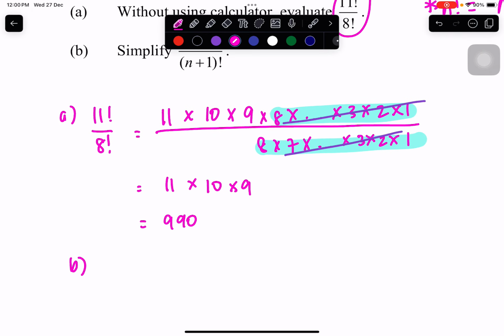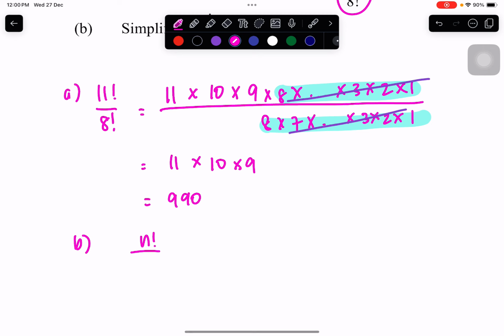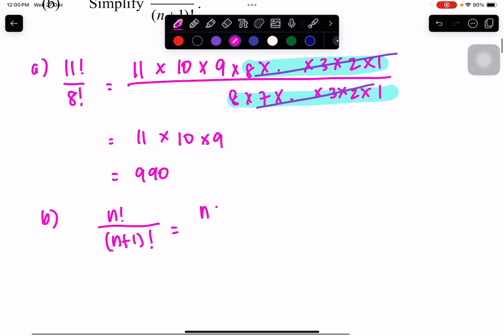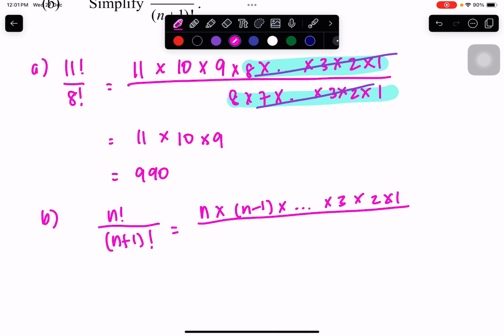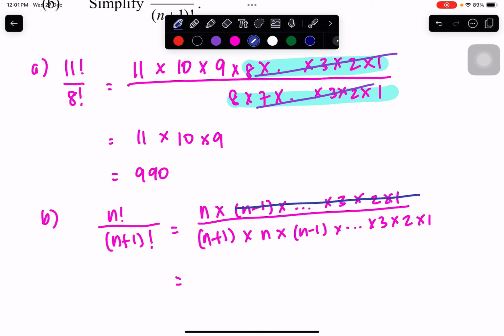Part B. Simplify n factorial over n plus 1 factorial. Likewise, applying the definition, same for n plus 1 factorial. You should notice that n minus 1 all the way to 1 has appeared in the denominator as well.